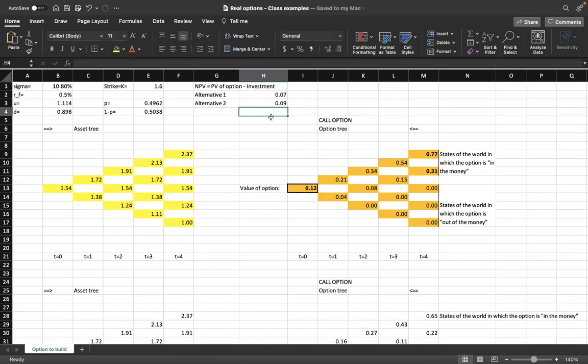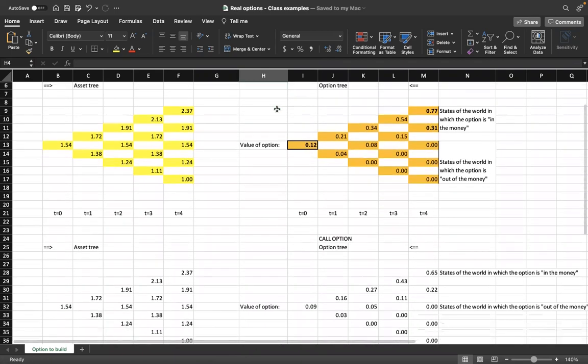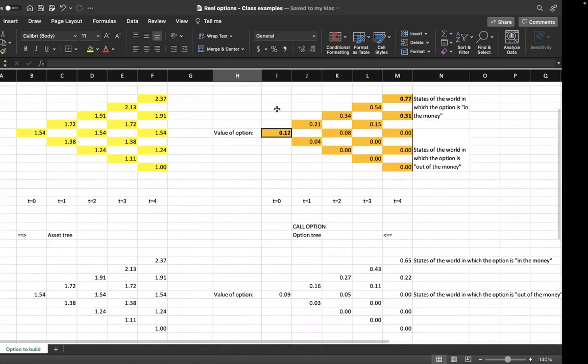By comparing NPV, alternative 2 is better because it gives you a higher NPV. In other words, paying 0.05 or $50,000 today is too expensive. Rather than that, you might share some profits, which discounted back from the future to today is actually cheaper. So yeah, that's question A.